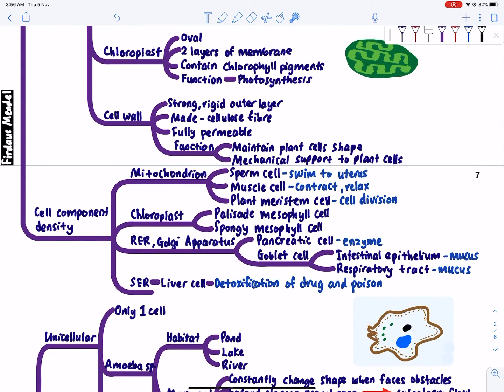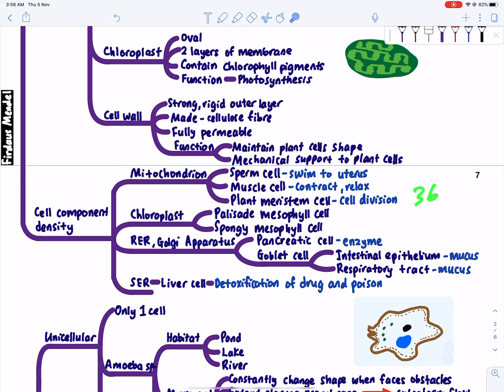Cell component density, mitochondria. This is based on page 36.